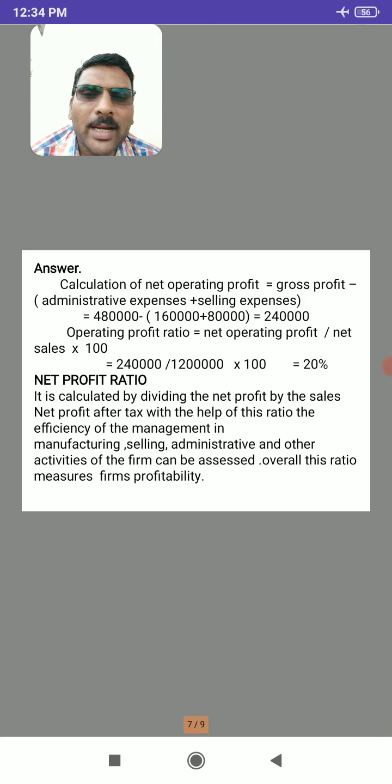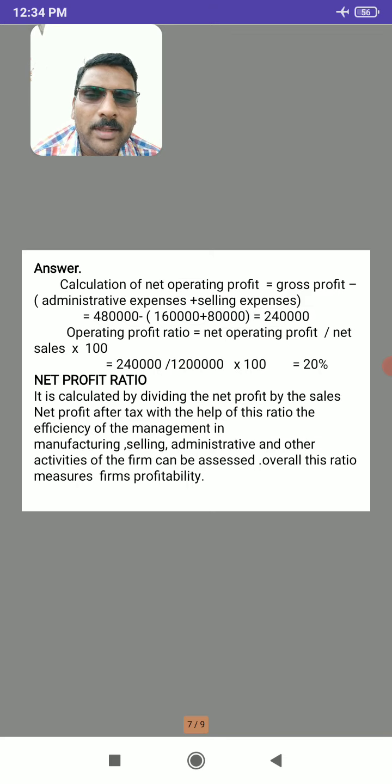Here 4,80,000 is the gross profit, 1,60,000 is administrative expenses, and 80,000 is selling expenses, which equals 2,40,000. By deducting the administrative expenses and selling expenses of rupees 2,40,000 from gross profit 4,80,000, we are getting 2,40,000 as net operating profit.